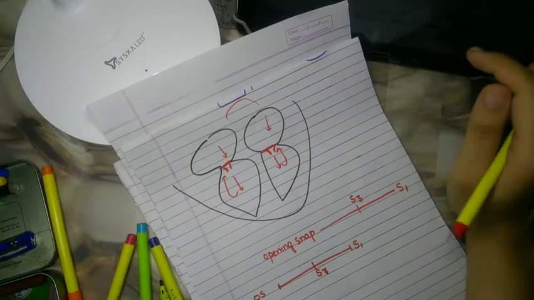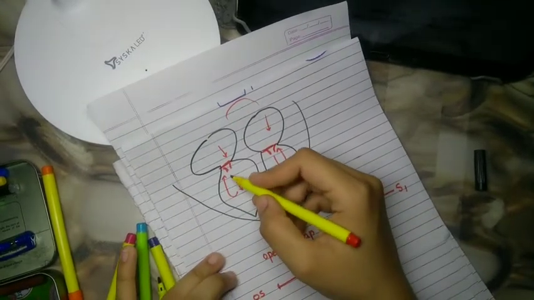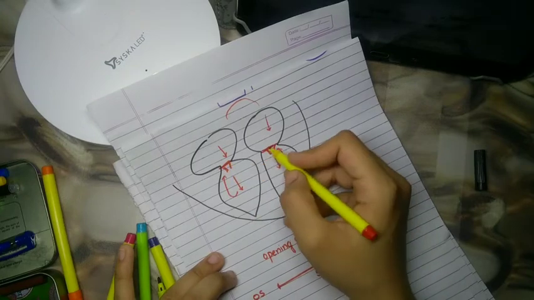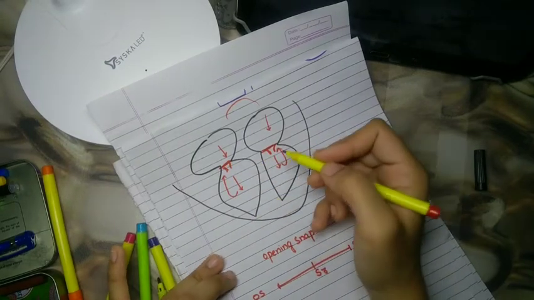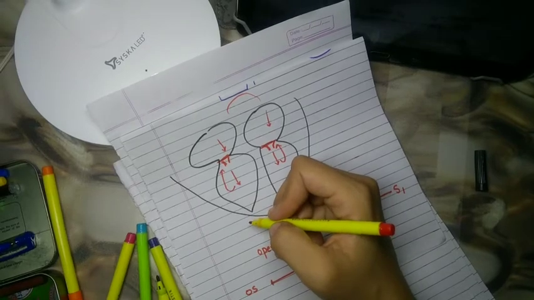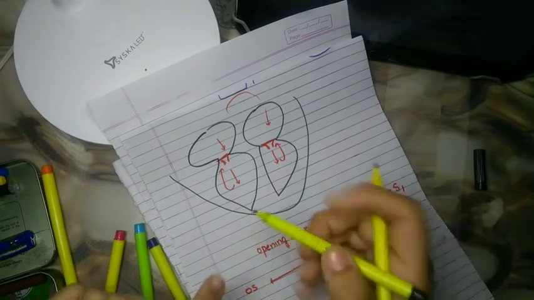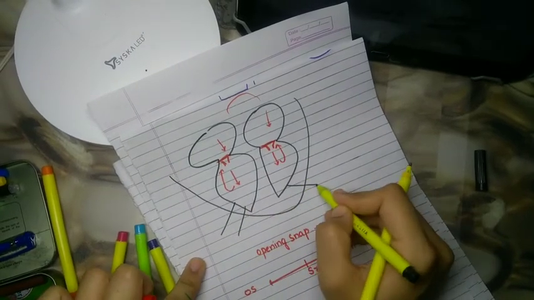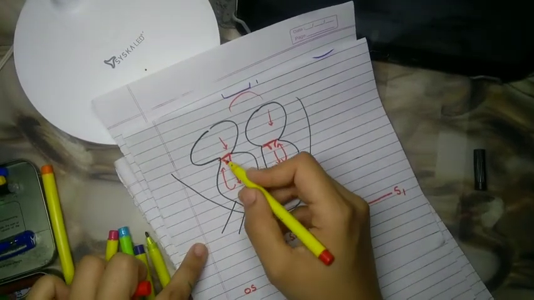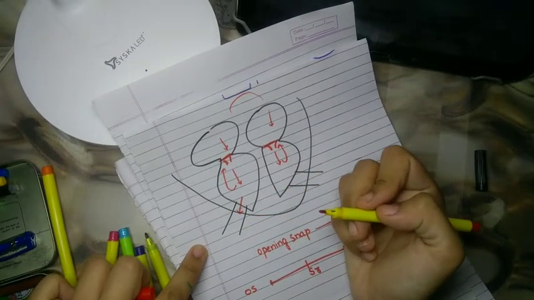Now when there is S1, we will have a closing of these two valves. After S1, what will happen? Within a few milliseconds, this is my pulmonary artery and this is my aorta. Now after closing of this valve, this valve will open up, right?